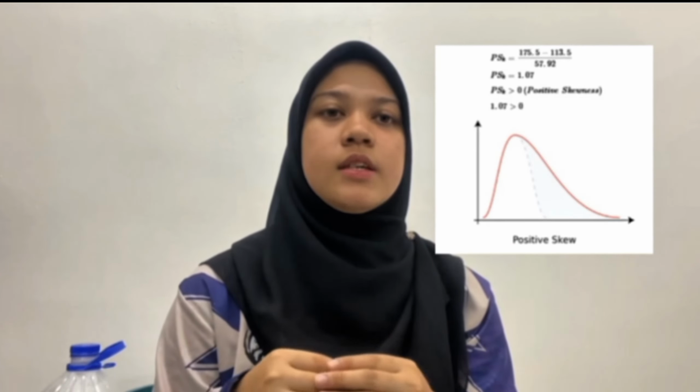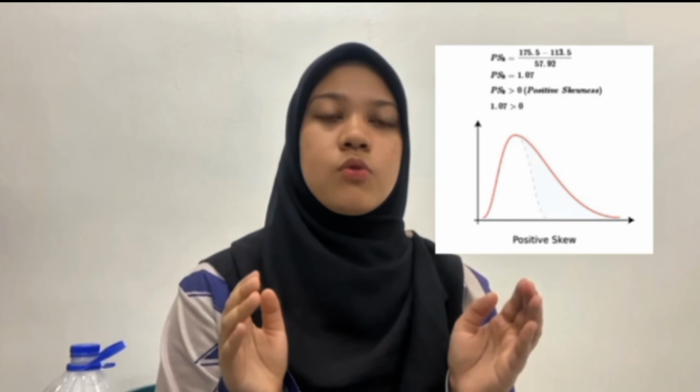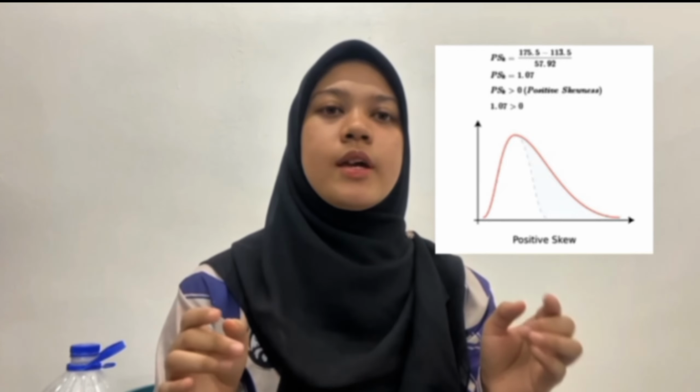If we plug that into the formula, we get 1.07. Since it's more than 0, that means we have positive skewness. So the tail of the data is longer on the right side.